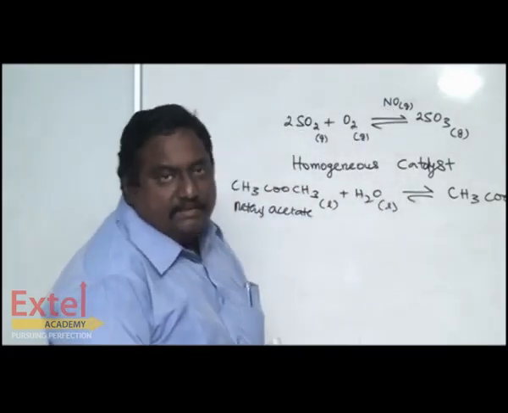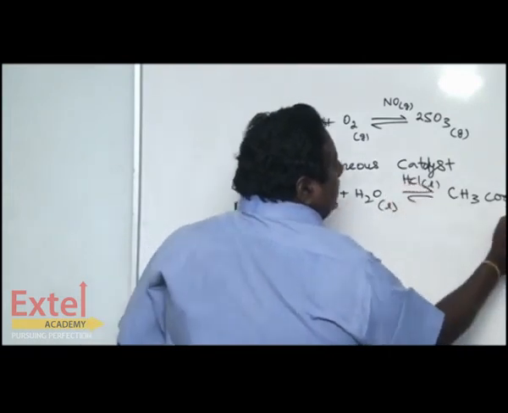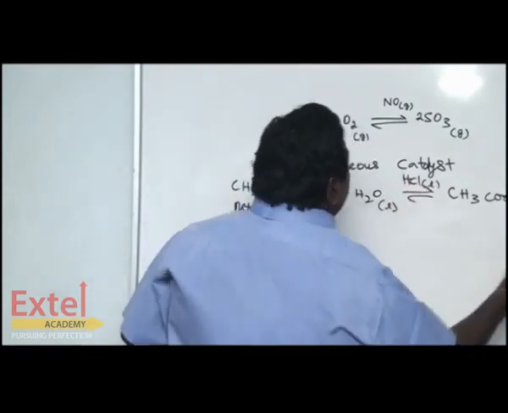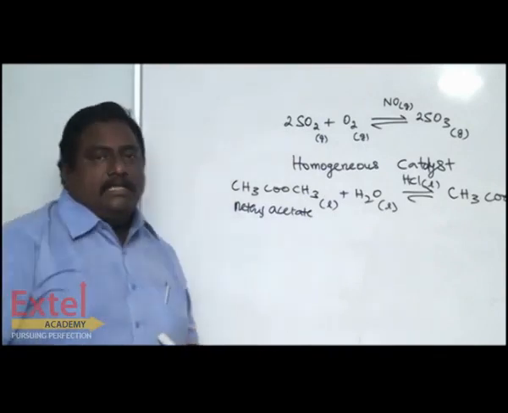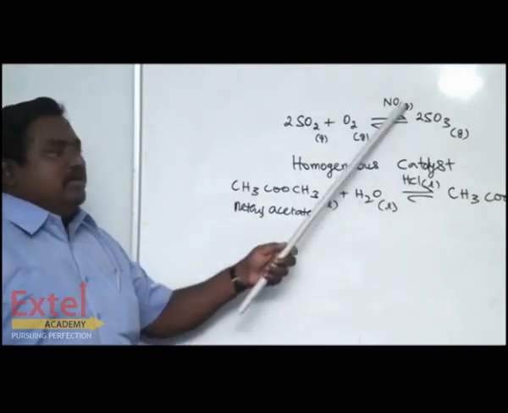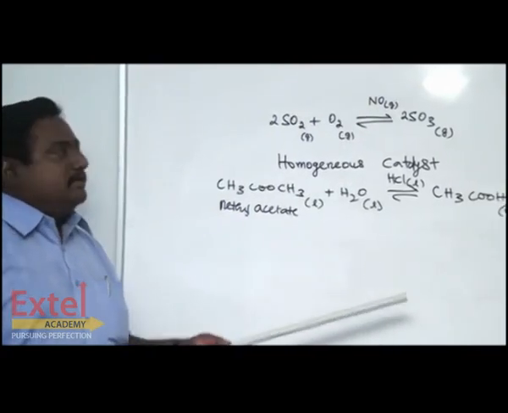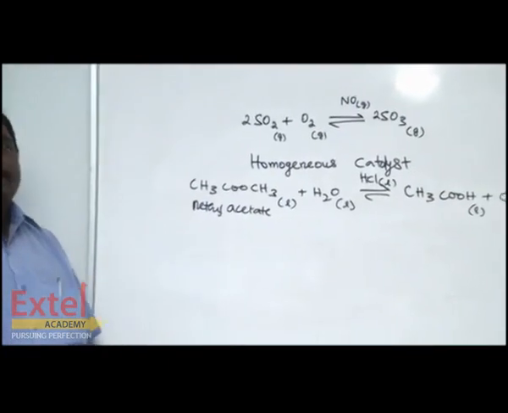For this reaction, HCl is also a liquid. In the first case, all are in gaseous state, including the catalyst. In the second case, all are in liquid state, including the catalyst.